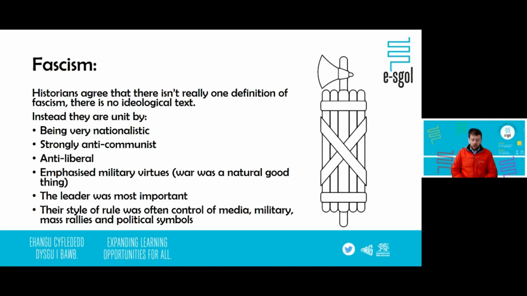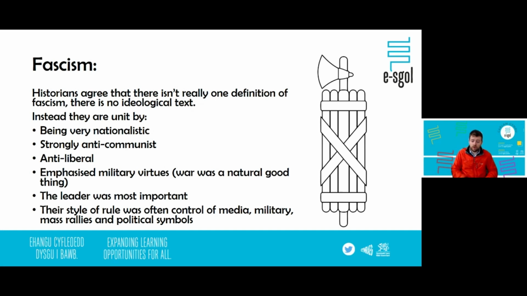So, what you see is people are unhappy with liberal Italy. They turn to other ideas of running the country, and one of those is fascism. Now, historians agree that there isn't really one definition of fascism. There's no one ideological text that tells you this is what they were. But they were united by being very nationalistic, putting Italy first, strongly anti-communist, defining themselves by being opposite to their enemy, anti-liberal, and against individual rights.